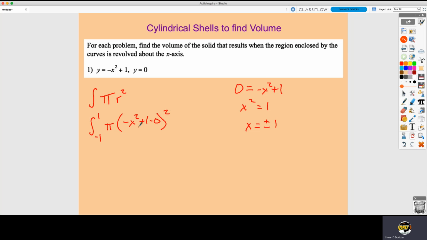Okay, so then you can just throw it in your calculator, right? What do we get for an answer here? What'd you get, Eli? You don't remember? Well, you got a calculator. Let's figure it out, people.